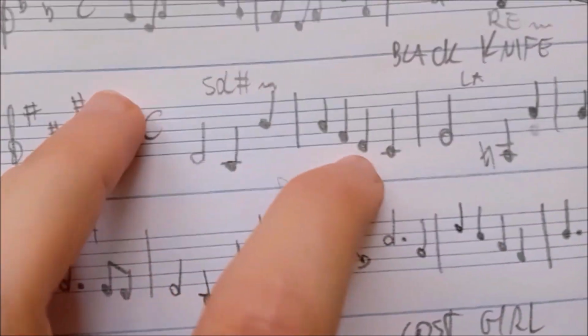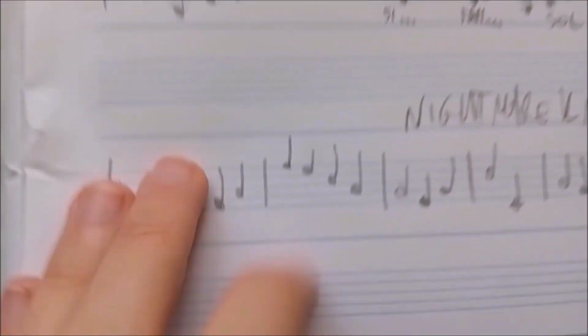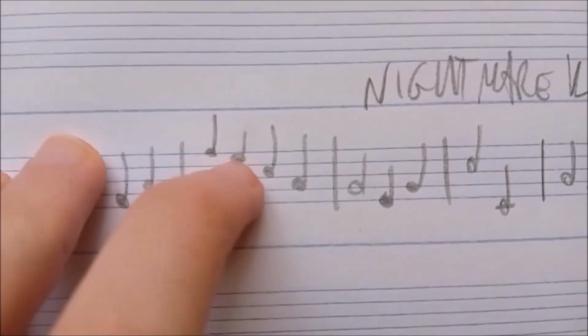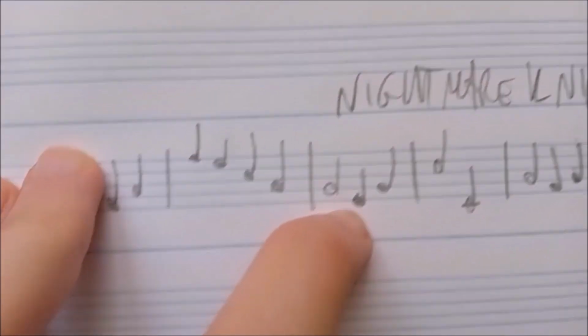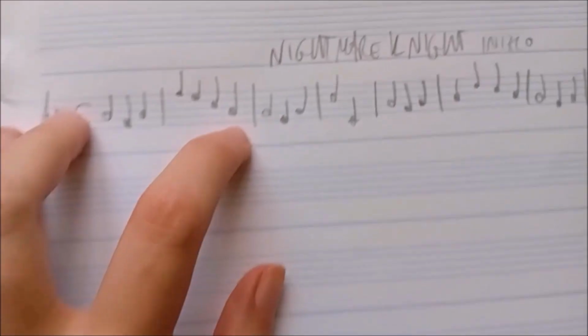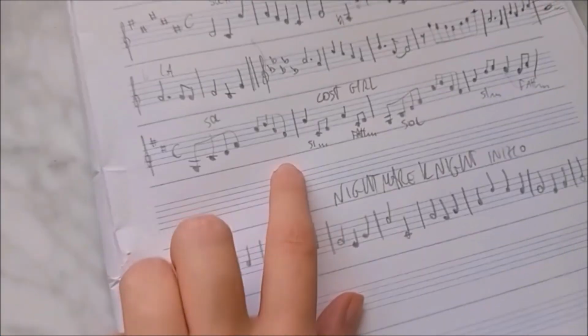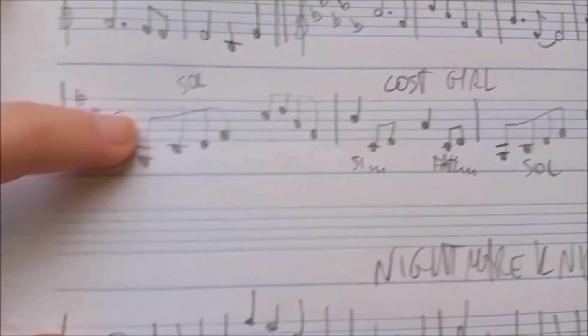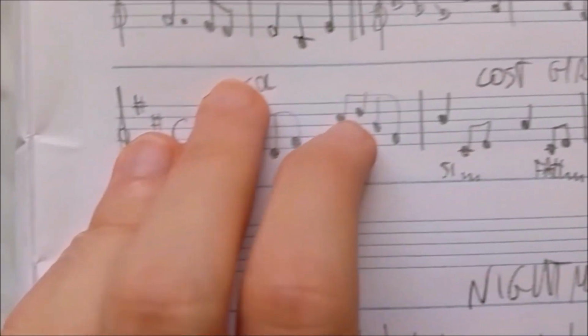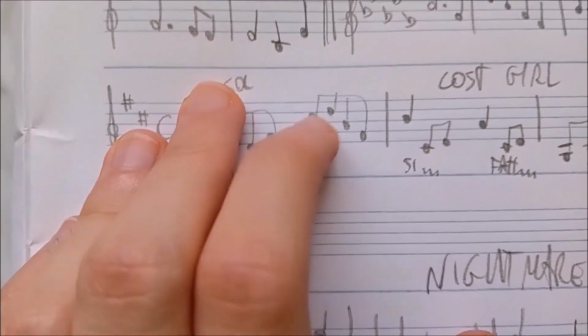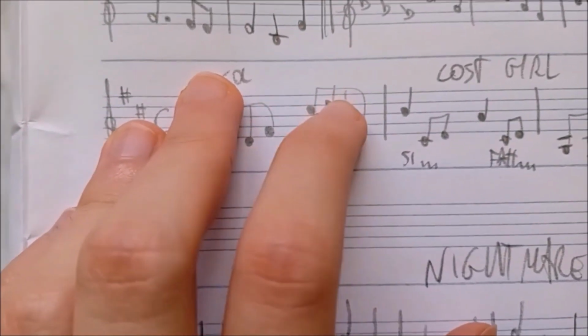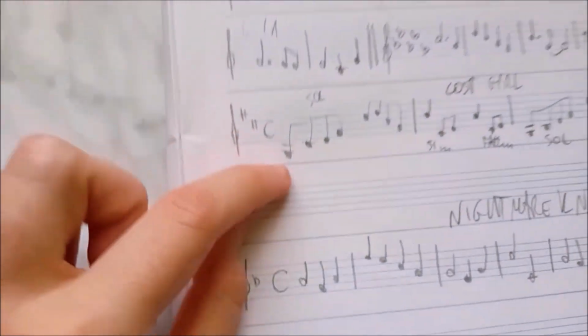B, A, F, D, C. It's the same as this F, E, C, A, G. It's the same thing. Now, what does Lost Girl have to do with all of this? Look, let's compare these two. Let's, for the sake of argument, pretend that these two notes are switched, right? So instead of being C, D, it's D, C. Let's look at Lost Girl.